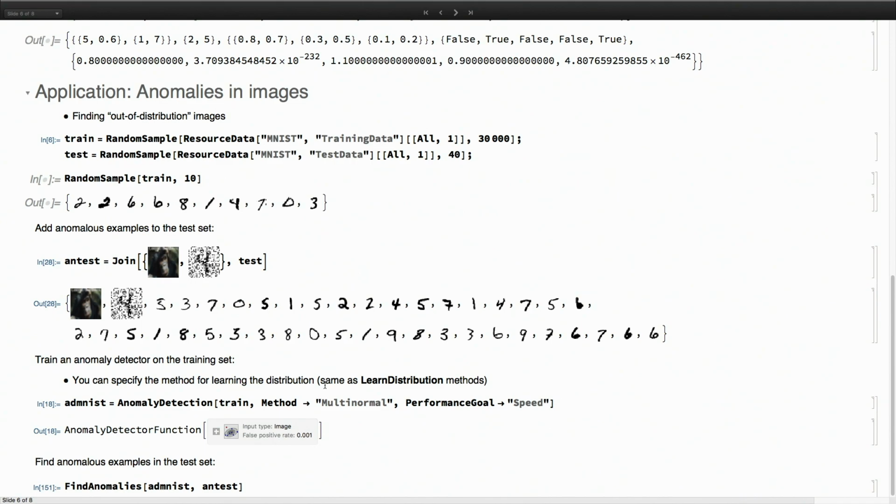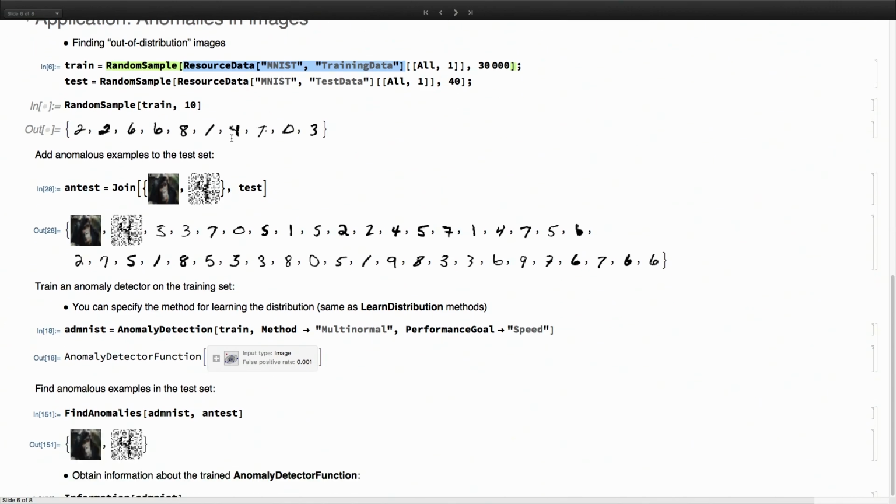So this is the cleanest way that you can use anomaly detection. I just train on the digits that I know are without any anomaly, and then you can specify the methods. The methods are the same as the LearnDistribution methods, so I just pick multi-normal. You can also use a performance goal.